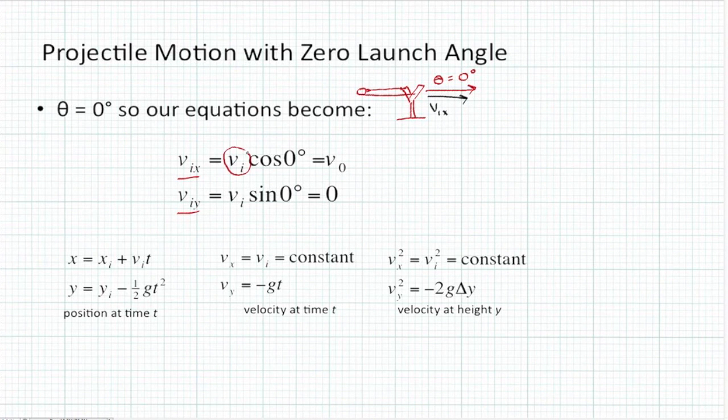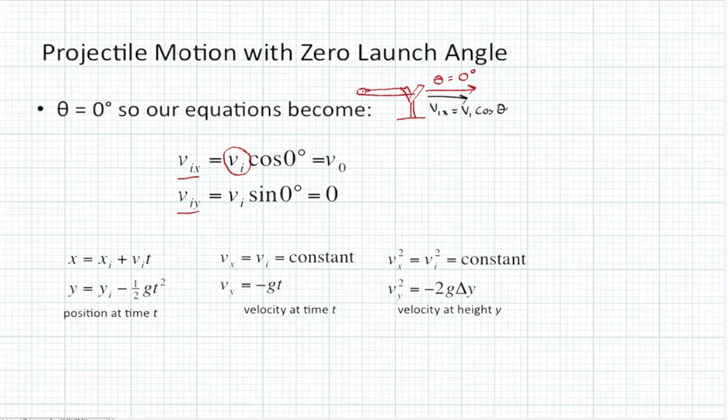That is the whole magnitude of the velocity of that bird or object being launched, times the cosine of theta.